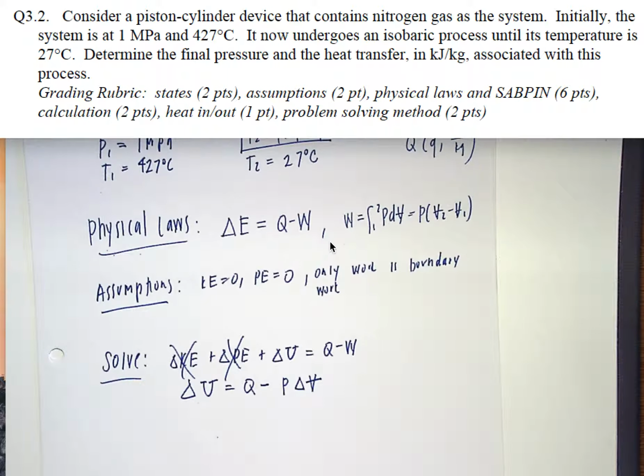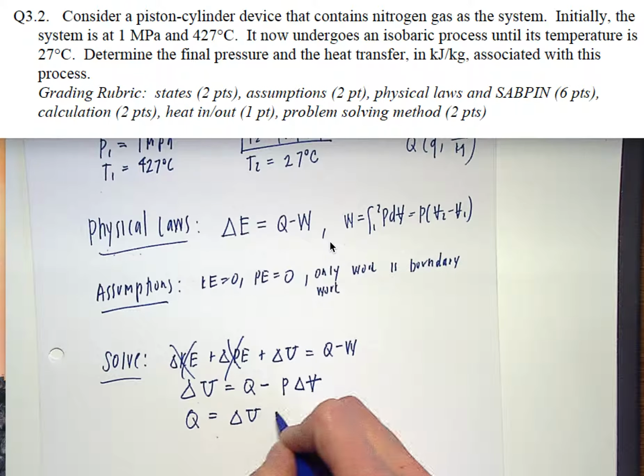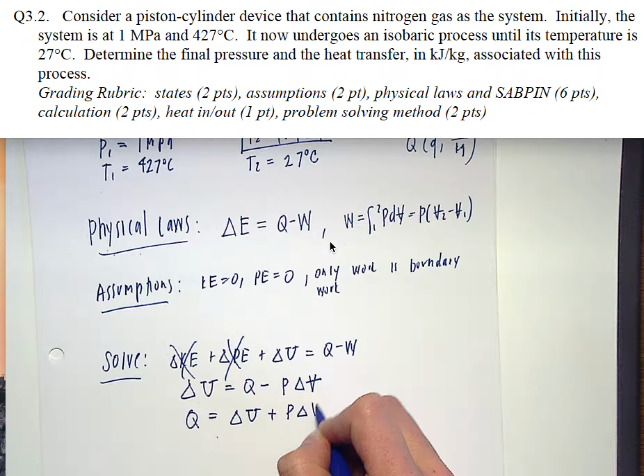You can also calculate this boundary work and use specific volume to look up internal energy, or you could just use the tables for all the values as well. So I'm going to do the way that is the easiest way, which is I'm going to first solve for Q. So this is the equation.